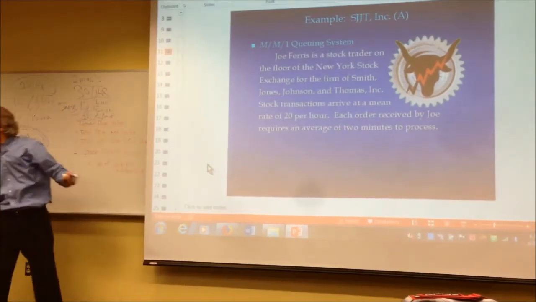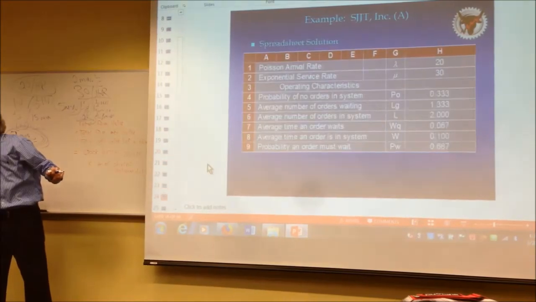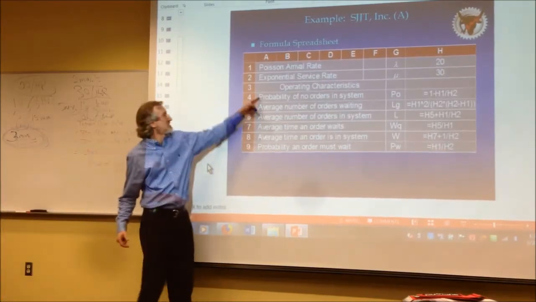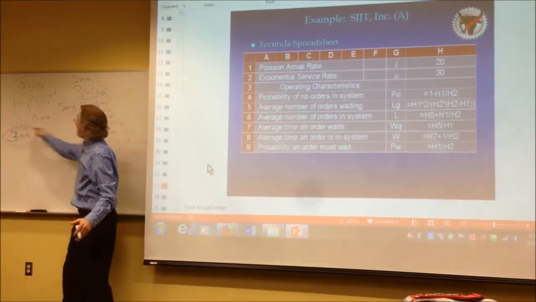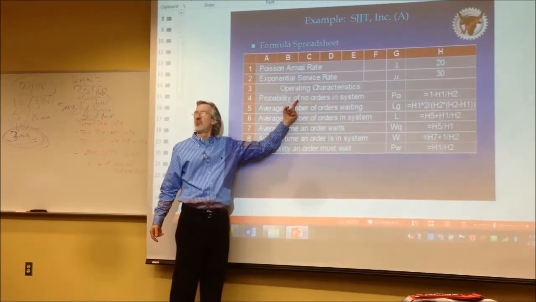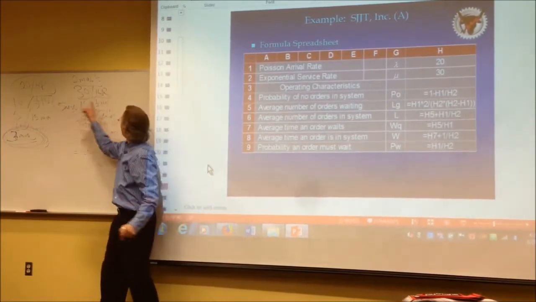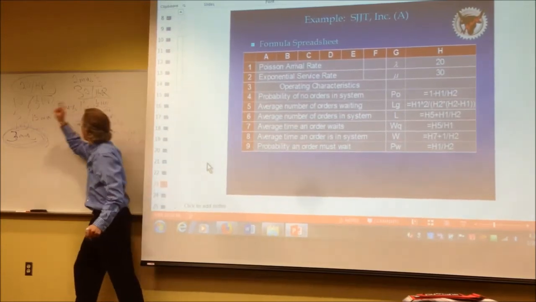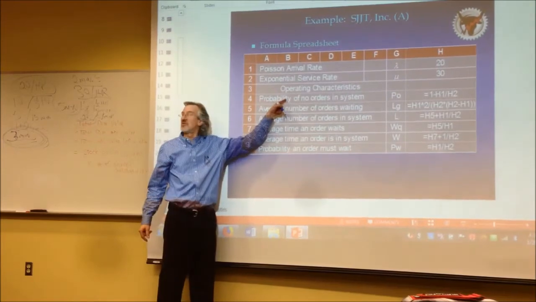And all 6 of these numbers now will be based on a 5-minute interval of time. The probability of no orders in the system will not change. No matter if I use 20 and 30, 10 and 15, 5 and 7.5, 1.666 and 2.5, that will be the same answer.